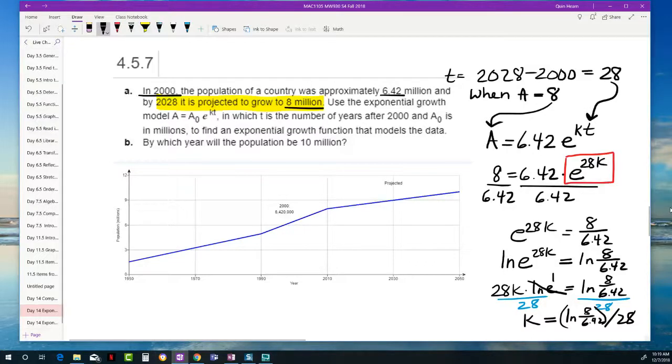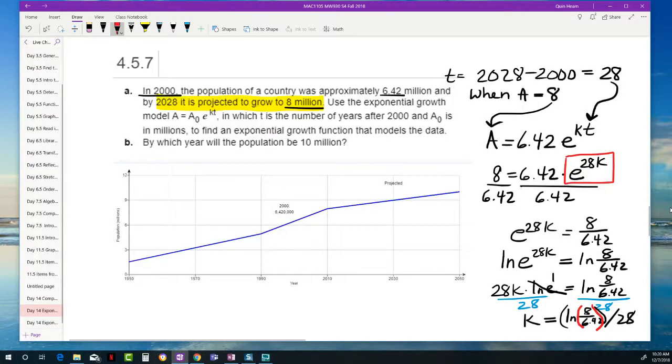So let's plug this into our calculator, and remember, to maintain the correct order of operations in your calculator, you're going to need to put this quotient, the division of 8 by 6.42, in parentheses inside the logarithm. All right, so we have the natural log, parenthesis, 8 divided by 6.42, close parenthesis, and then that number divided by 28.